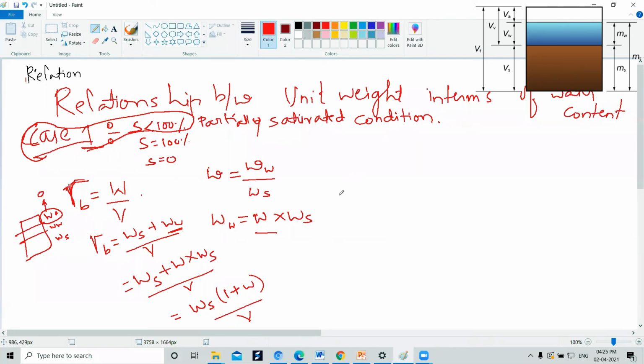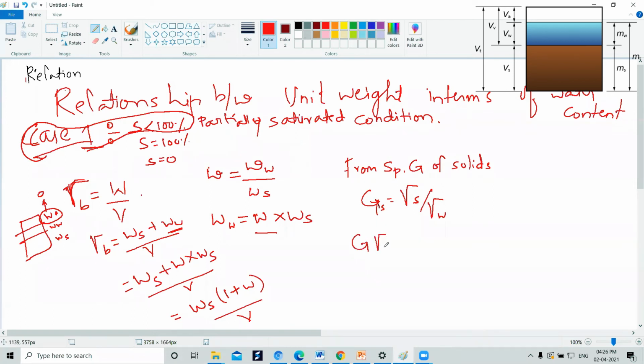Now coming to the specific gravity of solids. We'll write here specific gravity of solid. What does it say? G is equal to what? Unit weight of solids divided by that of water. Cross multiply this quickly.